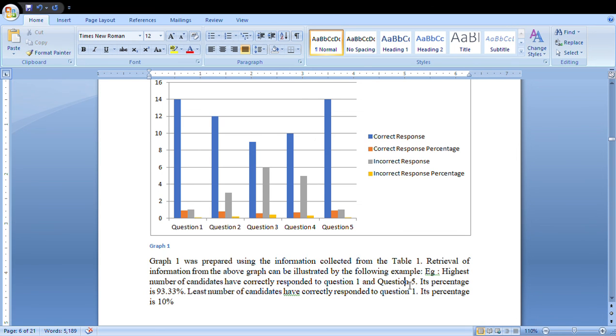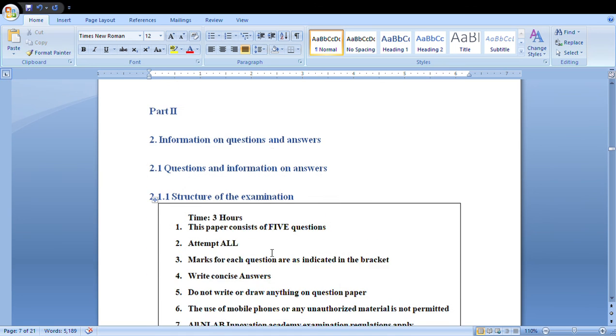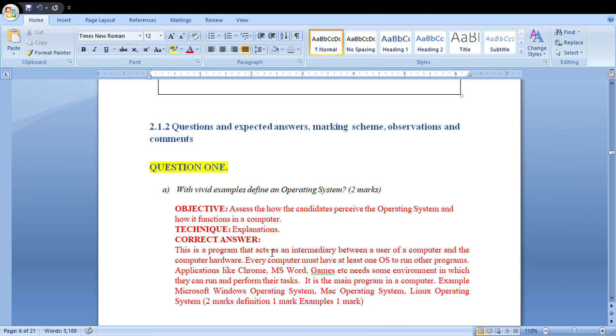And it says the least number of candidates have incorrectly responded to question 1. Its percentage is 10%. Yeah, so basically that is it as far as the data analysis portion for this report is concerned.